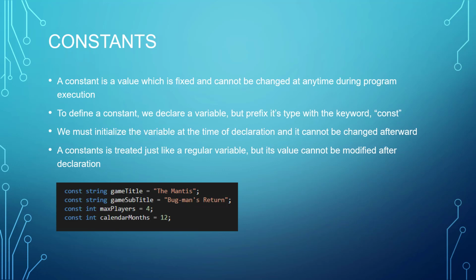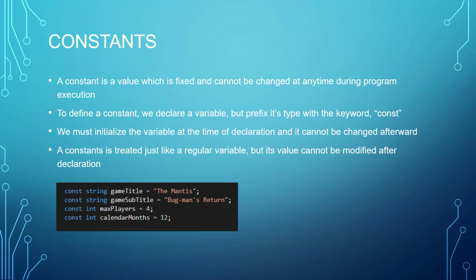Another reason why you might declare a constant is you might want to define the max number of players. So here we've defined that the max players is 4, and we've made that a constant. We don't want to have to redefine that multiple places throughout the application. The same thing is true with game title and game subtitle. We want it to be a constant value.